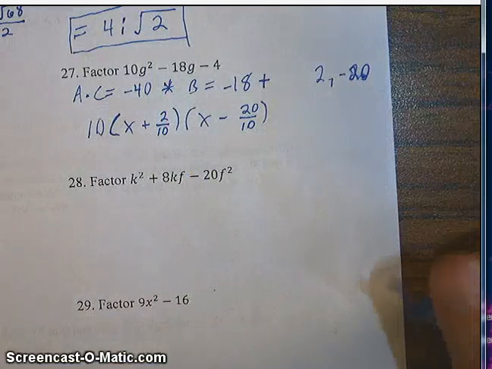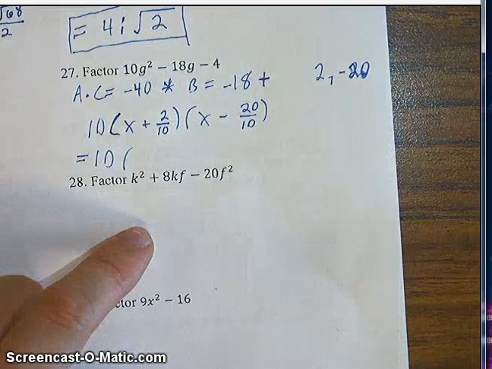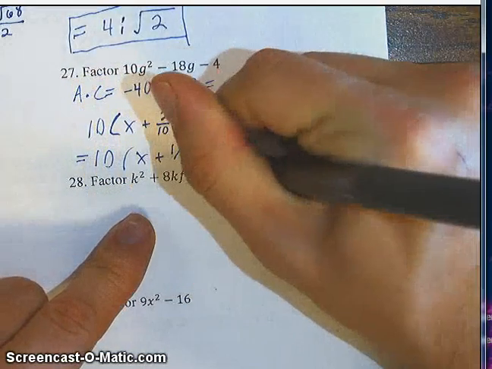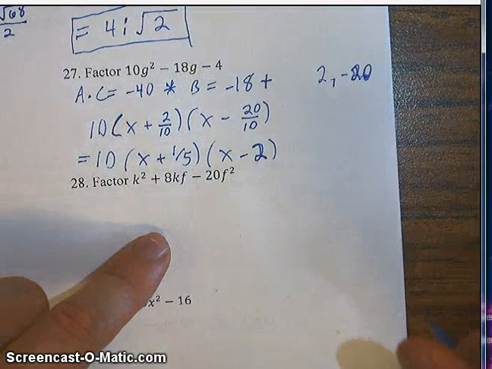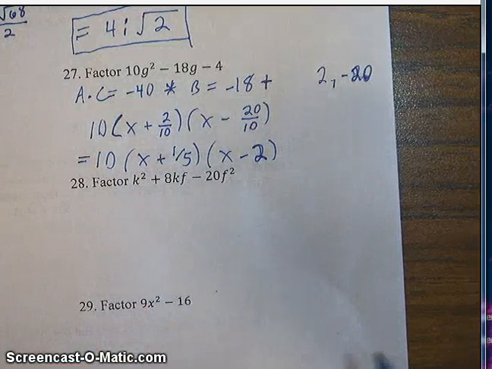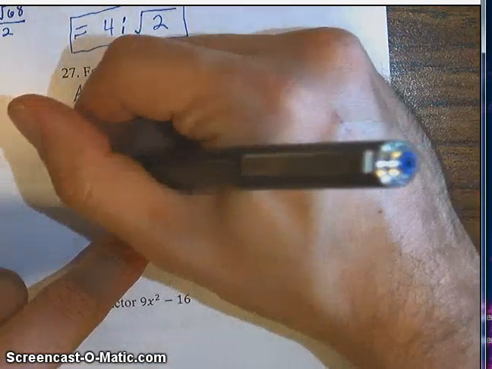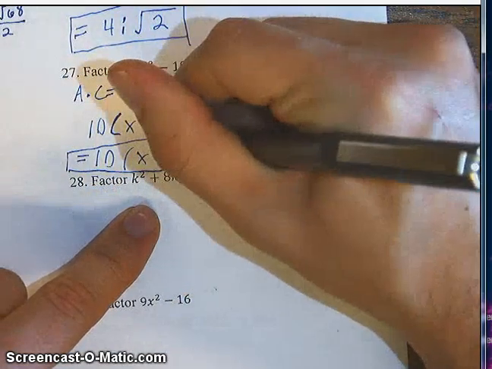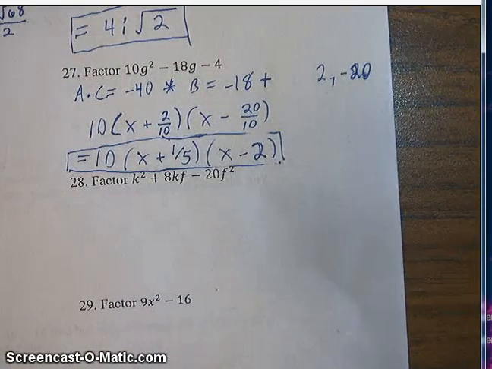So when you simplify this thing, you're going to be left with x plus 1/5 and x minus 2. This is the factored form of x. Oh, these are g's, so these should be g's in here as well. My mistake. I used the wrong variable. So it's actually 10 times g plus 1/5 times g minus 2. I apologize for that. I wrote in pen, so it's going to be hard to fix.